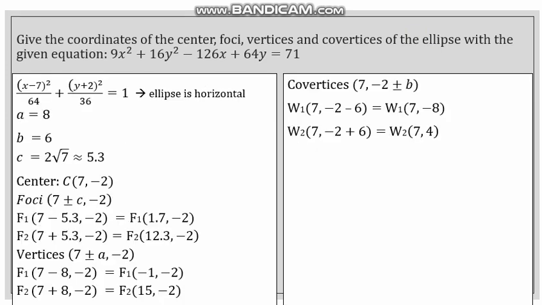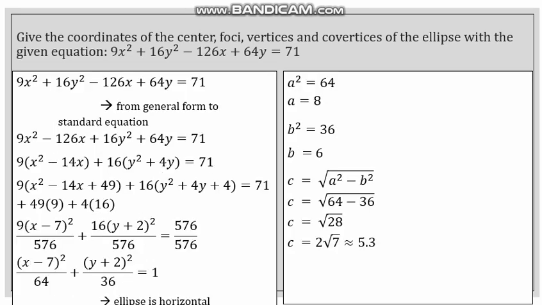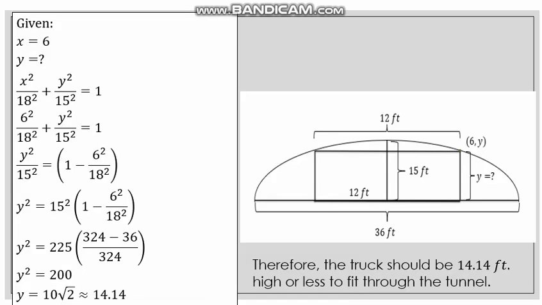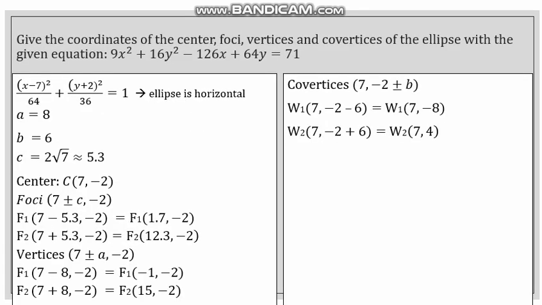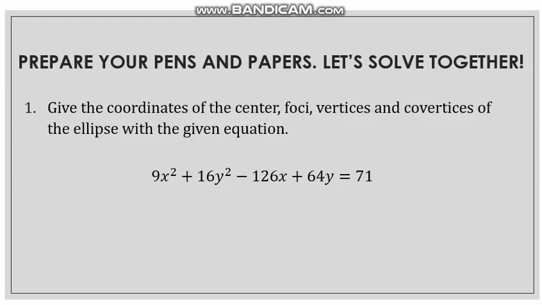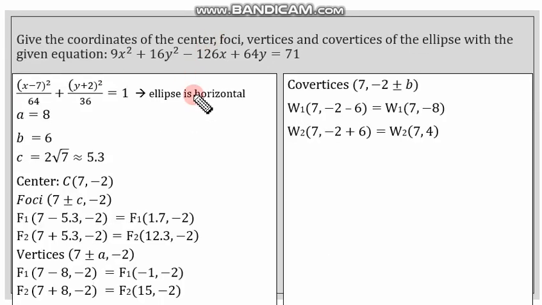So since we have the standard equation of our ellipse, x minus 7 quantity squared over 64 plus y plus 2 quantity squared over 36 is equal to 1, we can get the values now.